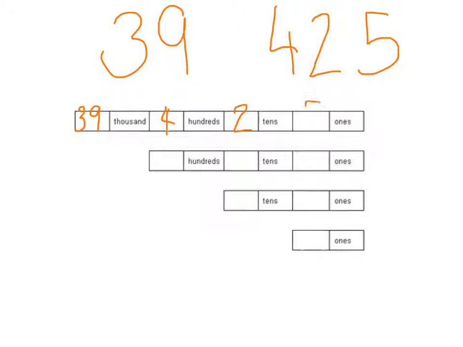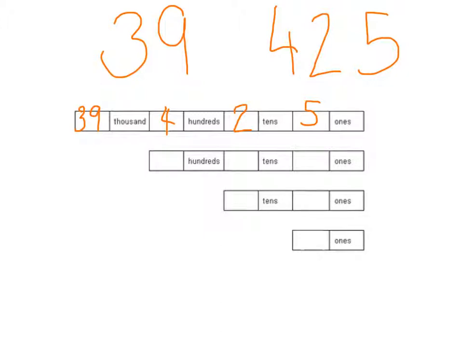That's right, 5 ones. Now we're going to look down to the next line on our expander. So 39,425 is made up of 39 thousands, 4 hundreds, 2 tens and 5 ones.